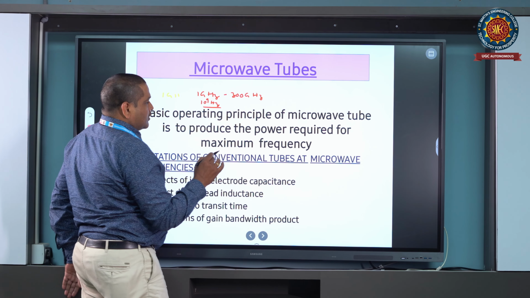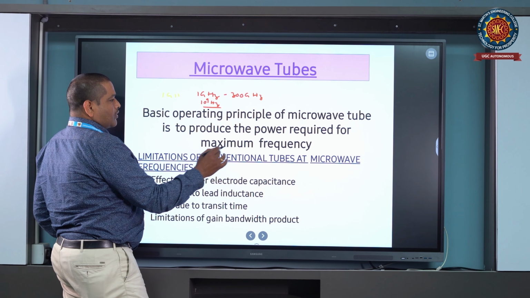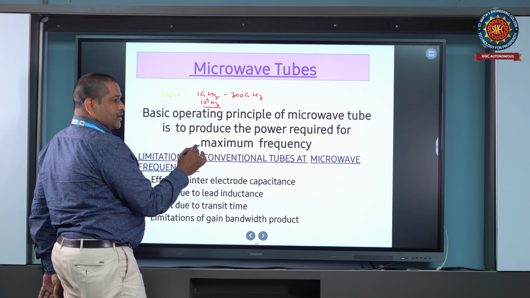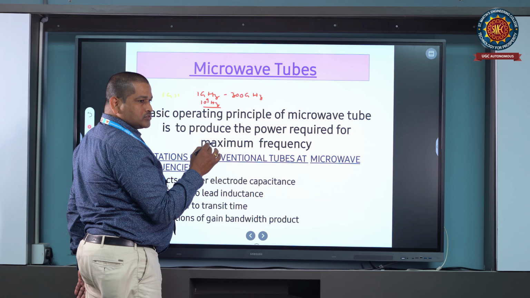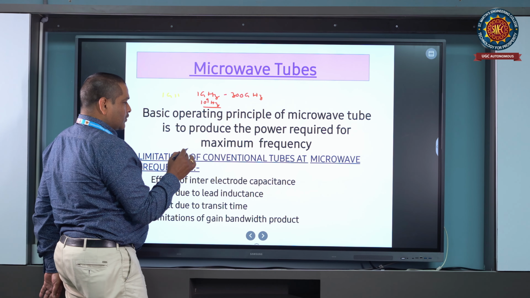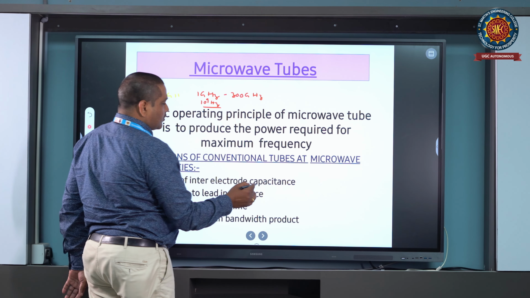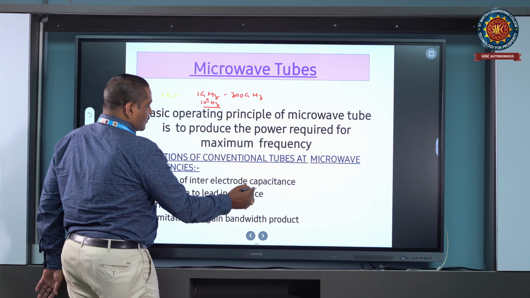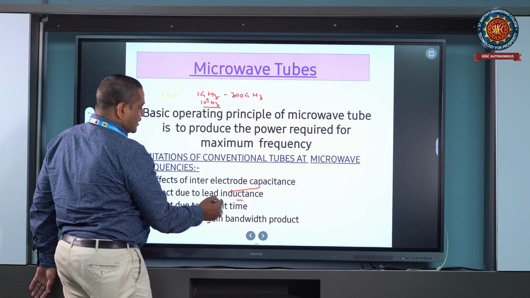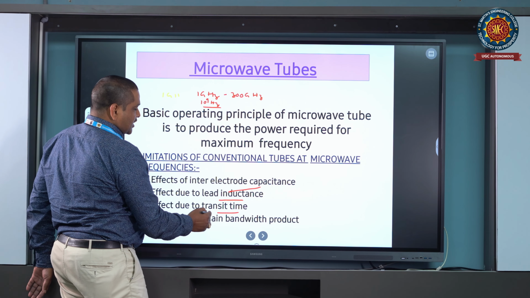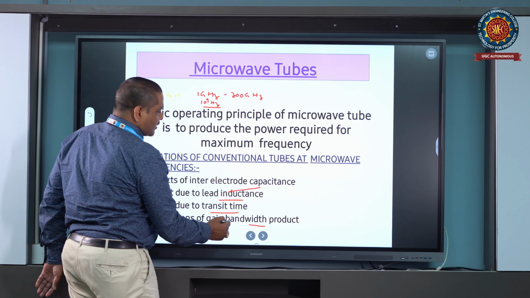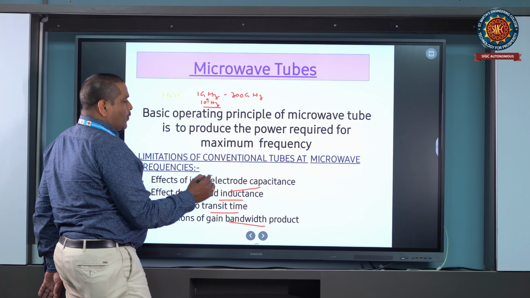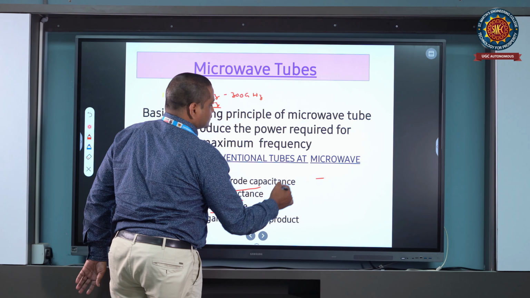As a result, conventional tubes like pentodes, triodes and tetrodes come across different problems at these frequencies, like inter-electrode capacitance, lead inductance, transit time effect, and gain bandwidth limitation. These are the problems which arise when they operate at higher frequencies.